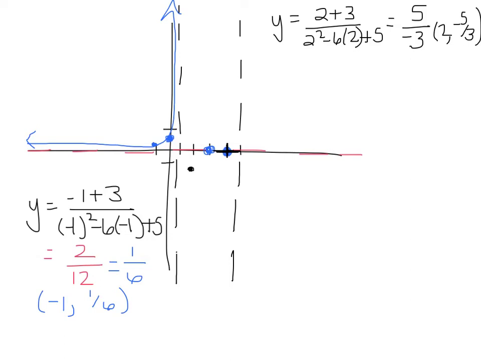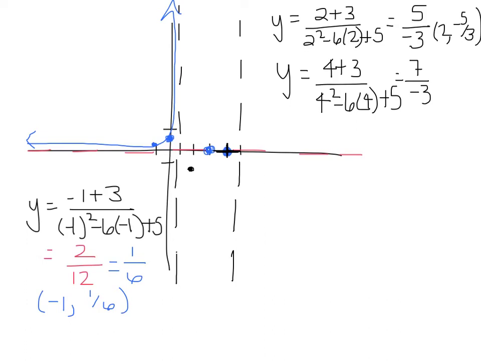Okay, and let's plug in positive 4. So 4 plus 3 gives me 7 on the top. 4 squared is 16. Minus 6 times 4 is minus 24. Plus 5 also gives me negative 3.